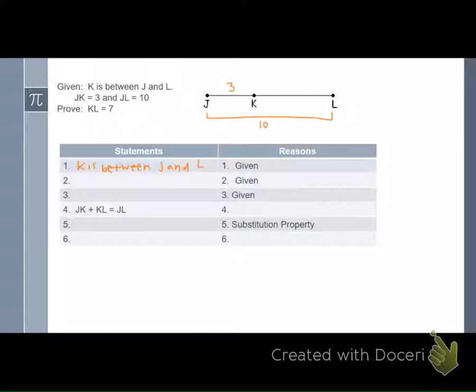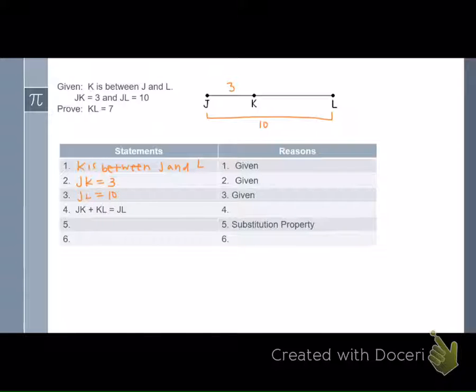Gabe, what's another one? JK equals 3, and JL equals 10. So we know those are our 3 pieces of given information. You always start with your given. If it wasn't even written in here and there were just those blanks, you always start with your given.